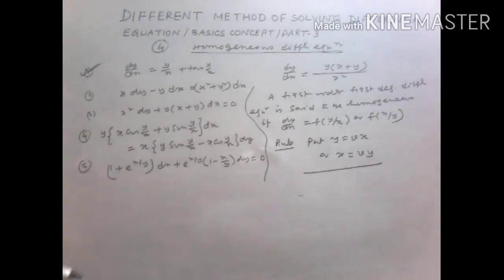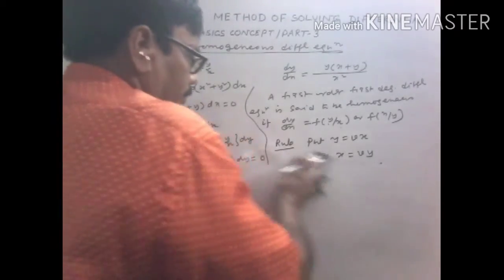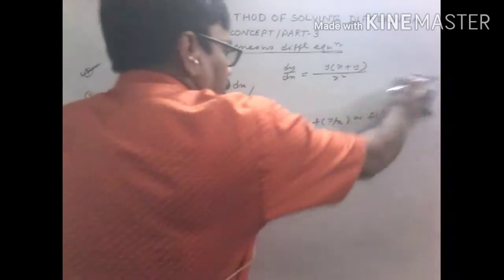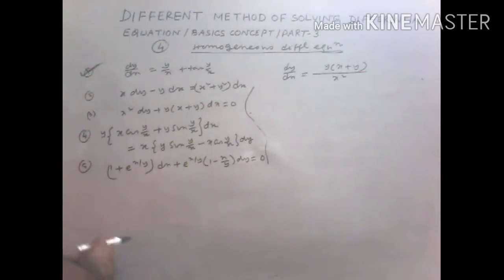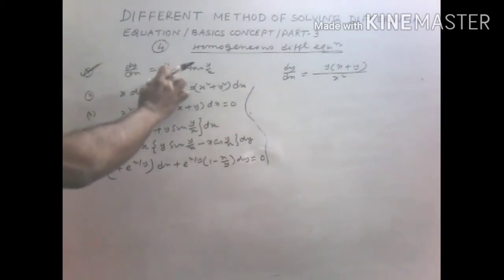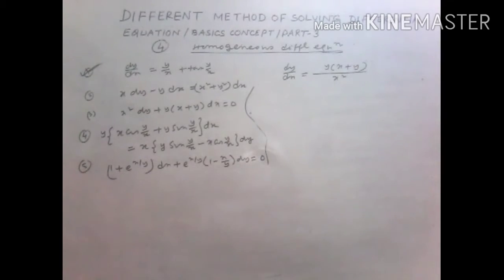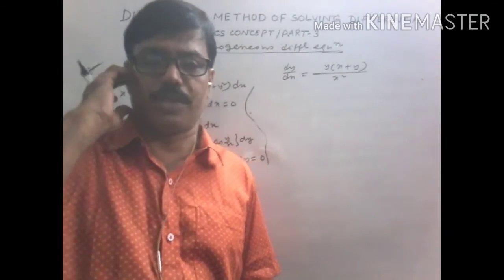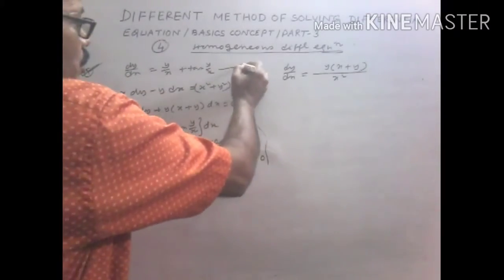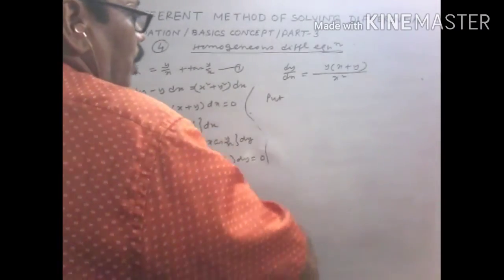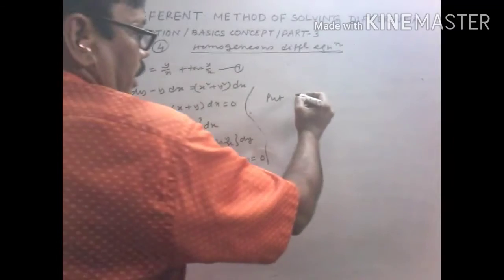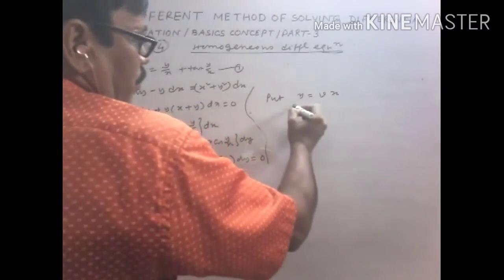So now consider problem number 1. dy/dx equals y/x plus tan(y/x). So this is a function of y/x, so it is homogeneous. So the rule is put y equals vx.